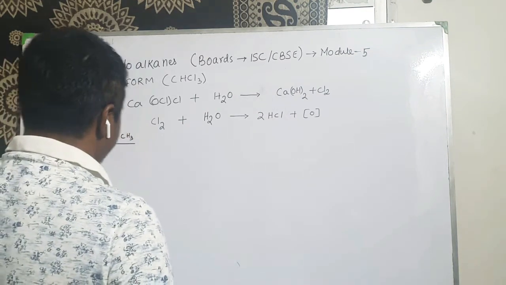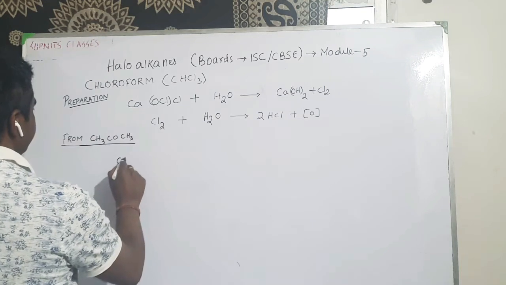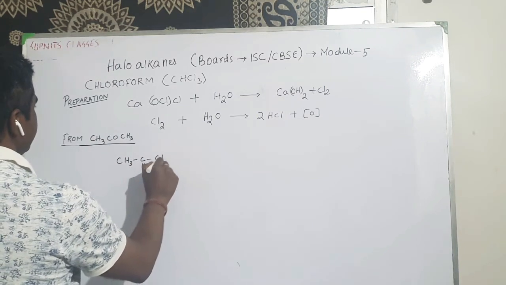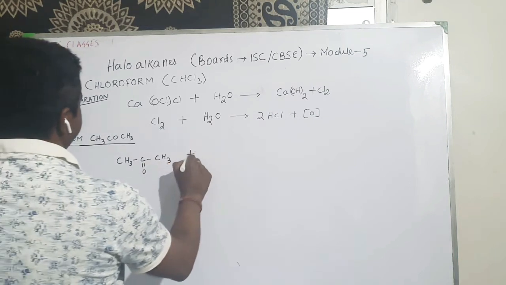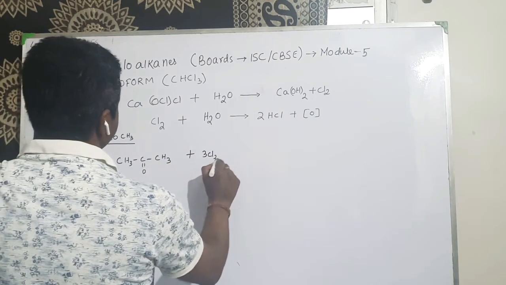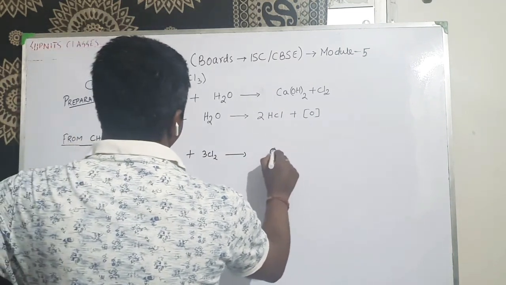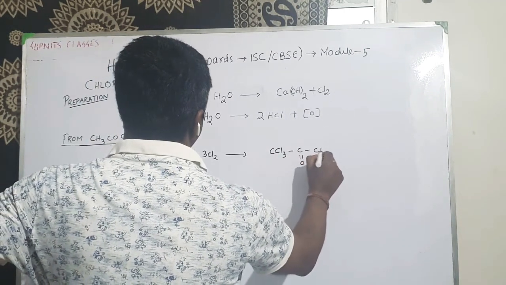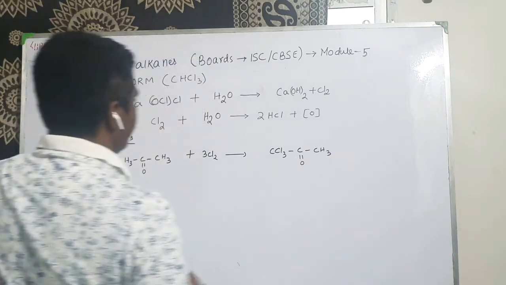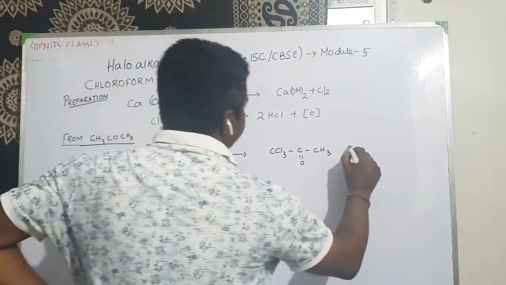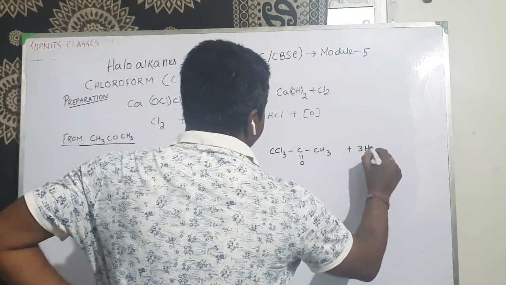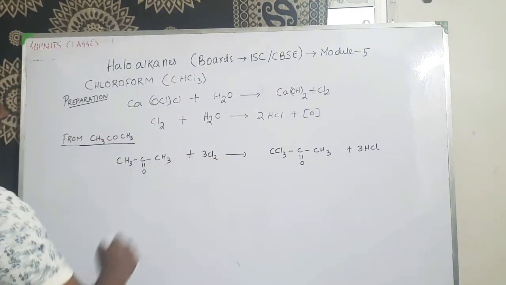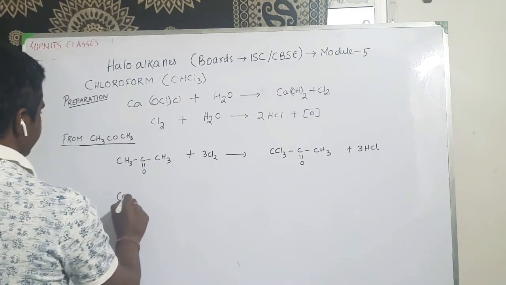First you write this CH3COCH3. Controlled oxidation shall be done with chlorine, and you will get CCl3COCH3 plus obviously 3HCl. Same kind of reaction, nothing much difference. Once this is done, things are pretty easy for you.